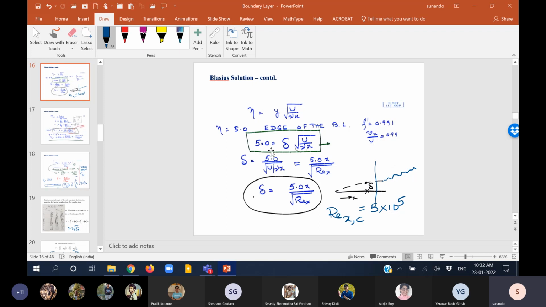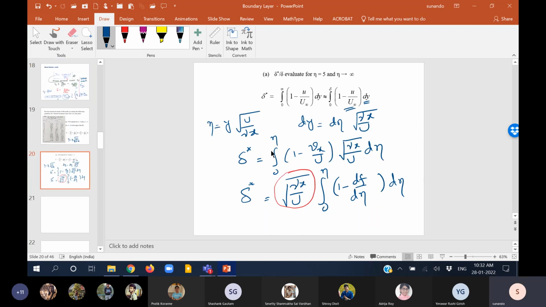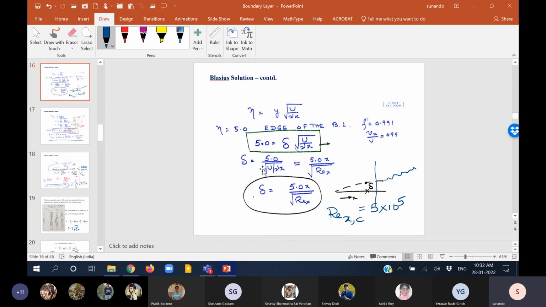If I use this, I would be able to convert this delta star as delta by 5, and then whatever we have on the right hand side. Do you agree or not? Root over nu x by u is simply delta by 5.